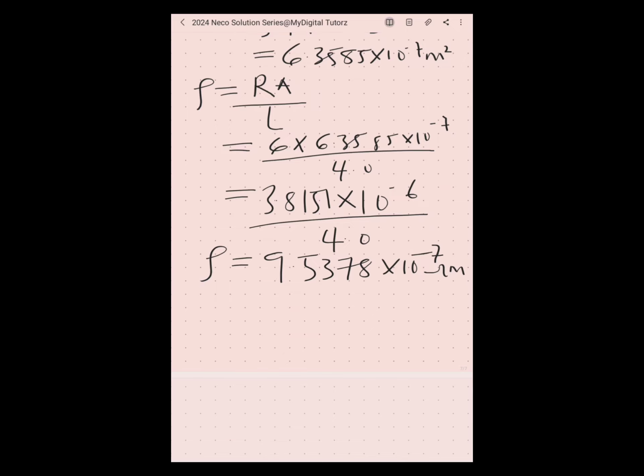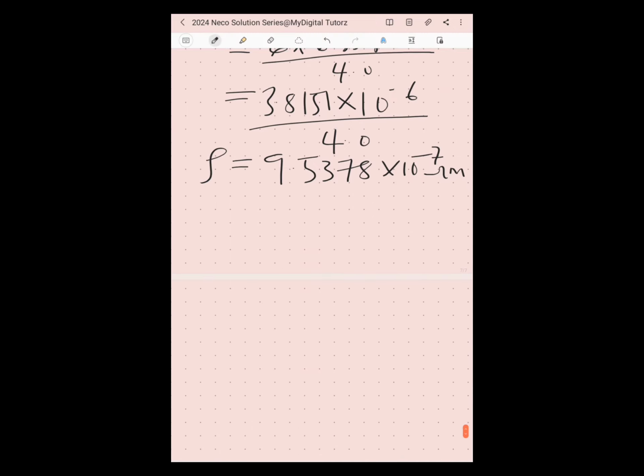Now, for us to get conductivity, we know that conductivity is equal to 1 over resistivity. So that will be 1 all over 9.5378 times 10 raised to power minus 7.